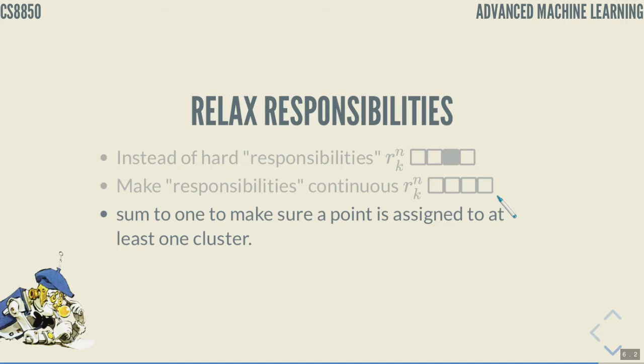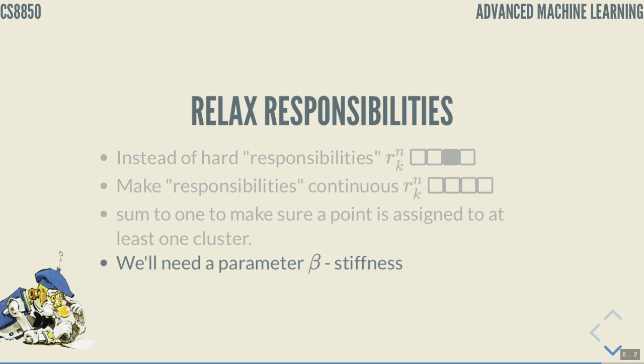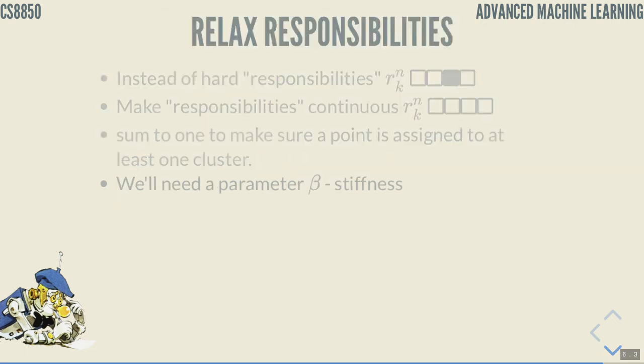Not only do we want continuous assignment instead of hard assignment, we also want this assignment to be convex, again, so that the sum of the coefficients equals 1. An additional thing in soft k-means: we will need yet another parameter, just to signify how much of the data belongs to one point. And we need that stiffness parameter.